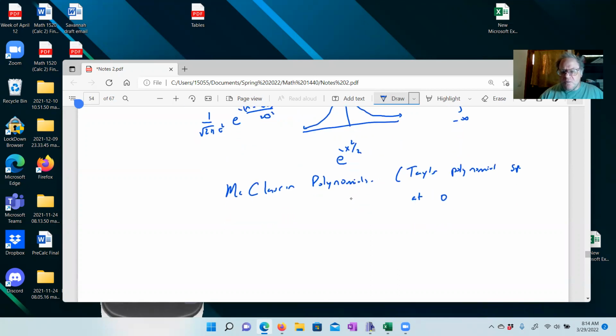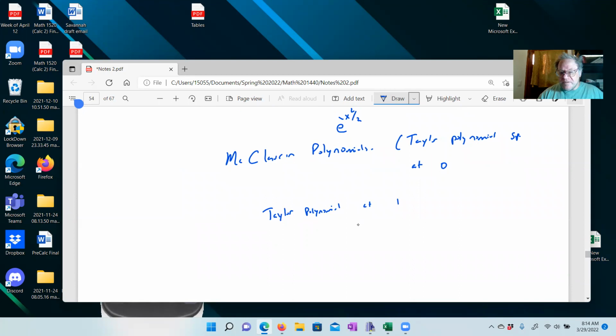With Taylor, we can put another point in there, and instead of centering at 0, we could do, what if we wanted to do it at 1? It's a pretty straightforward thing to do. Instead of x, we do x minus 0 for Maclaurin; we just move it, so it would be x minus 1 for the Taylor polynomial at 1.